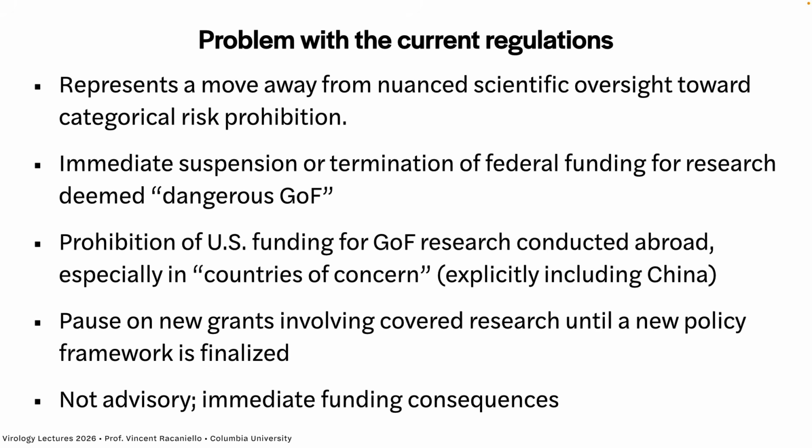They are not just oversight. So in the past, we had nuanced scientific oversight. Now it's just, you can't do these experiments. Anything that's deemed to be dangerous gain of function, your grant is terminated. And you can't fund any such work abroad either. So it's not an advisory role, it's just, you're finished.